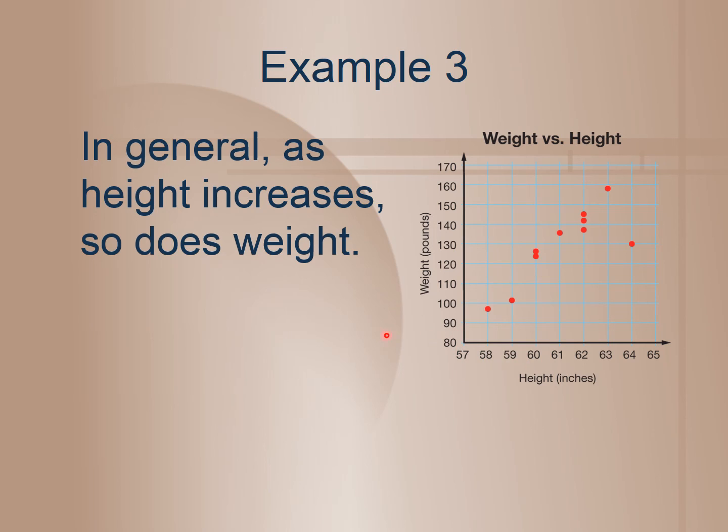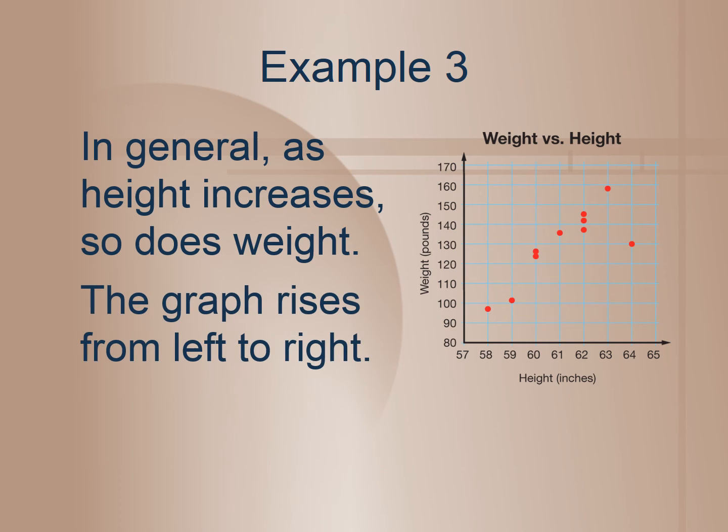But on the y-axis, you start at 80 and you're counting by tens. That's completely okay to do. That's an example of adjusting the scale so that all your points fit on the graph. The graph rises from left to right, so that means it's a positive correlation. All right, go ahead and try some problems on your own.